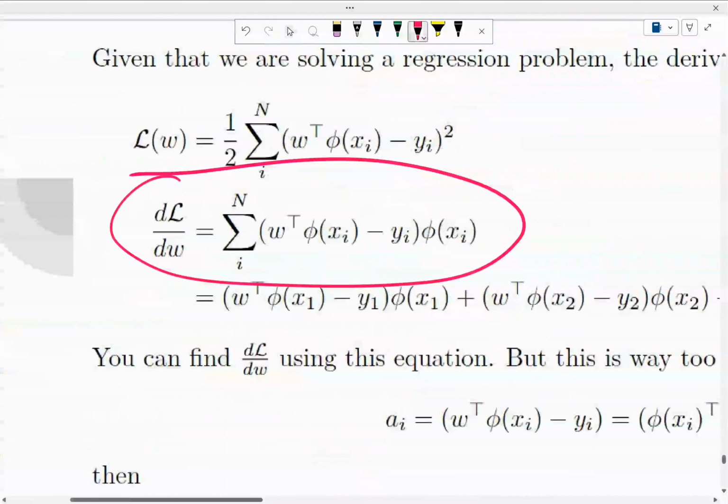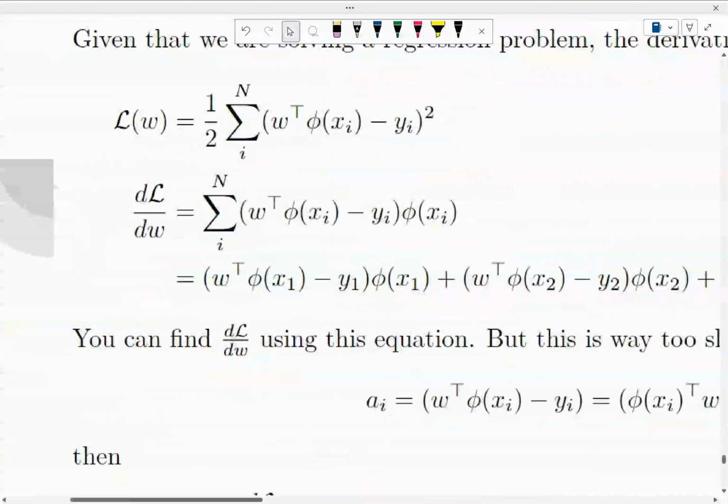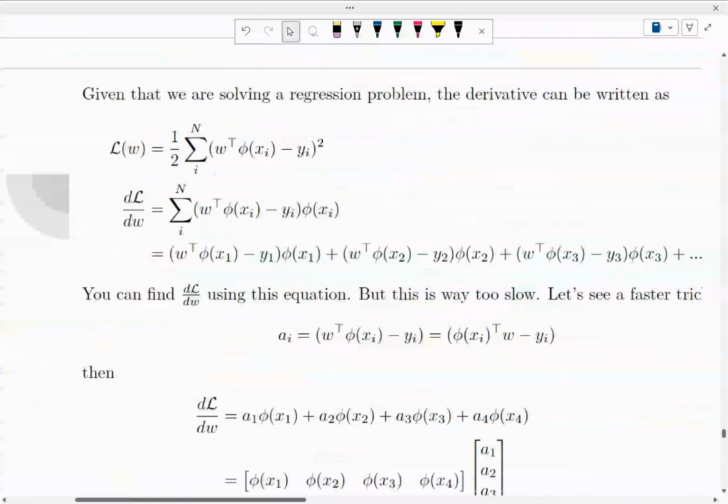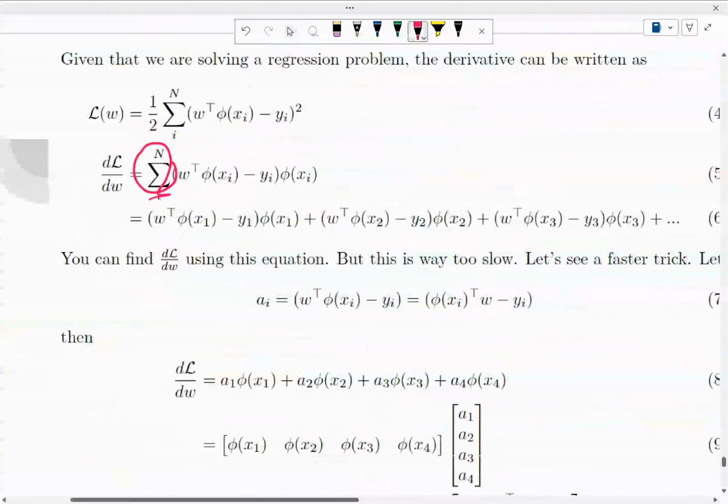What the sum is telling us is that we put sum into the i's. So it's x1, y1, x1, x2, y2, x2, right? So it's a summation of all these. That's what the sum is saying.